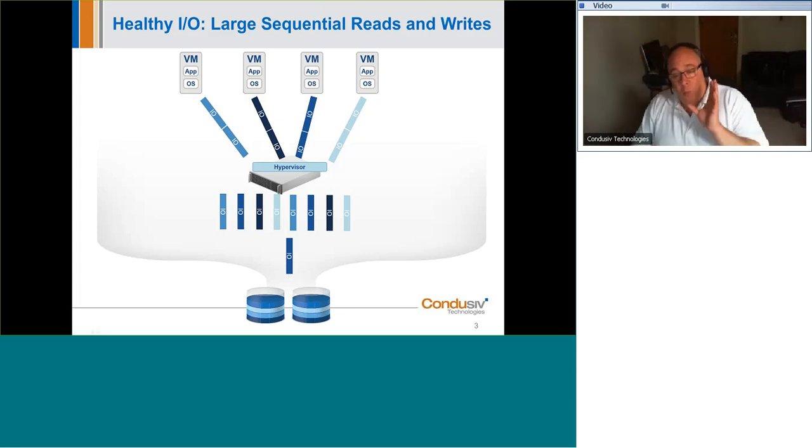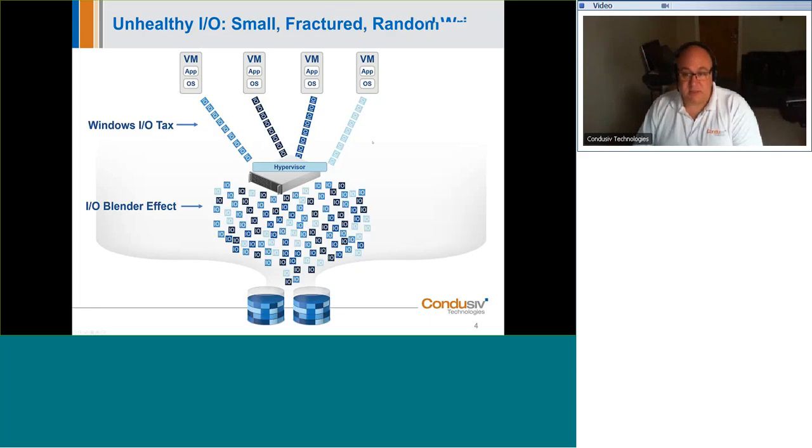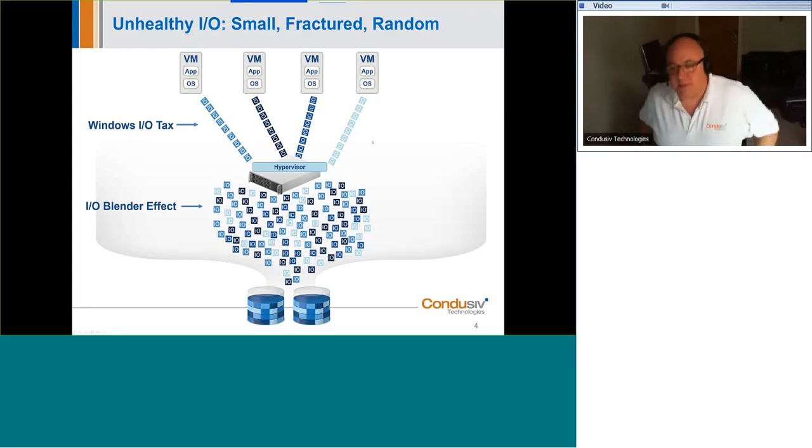Now, when you're running Windows in these virtual machines, this is not, unfortunately, what you're typically going to get. What you'll get is actually going to look more like this. So what's happening here, and why is this less efficient?